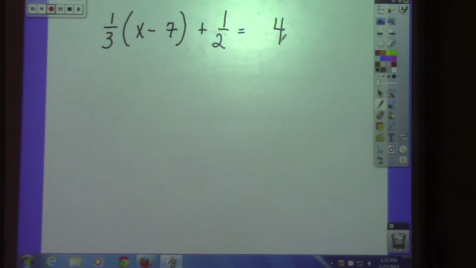What's the common denominator of 3 and 2? So you're going to multiply 3 by 2. What's 3 times 2? We have to go back to unit 1. I just say multiply it by 6 then, because that's the common denominator. 6.